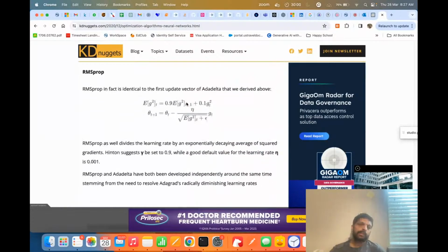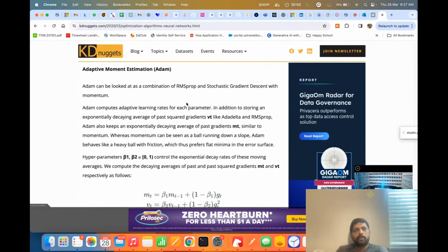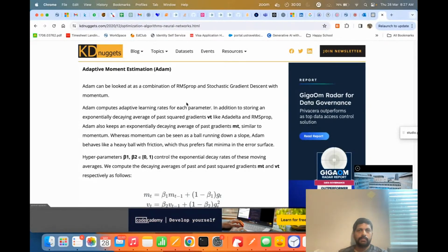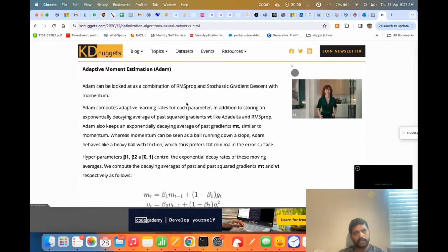So Adam, we should see, is it mini batch or each example? Adam computes adaptive learning rates for each parameter. In addition to storing an exponential decaying average of past squared gradients, like Adadelta and RMSprop, Adam also keeps an exponential decaying average of past gradients. So VT is the exponential decaying average of past squared gradients, and MT is of the gradients.